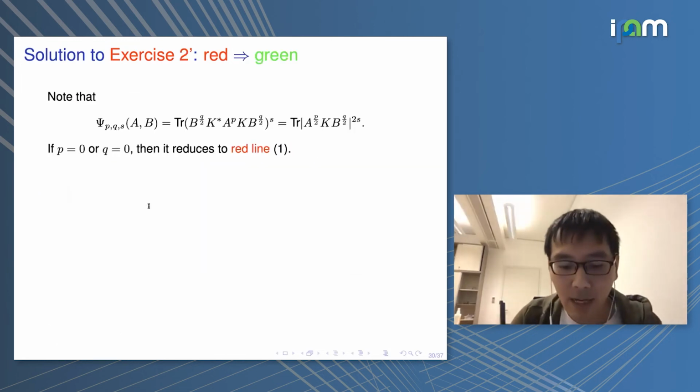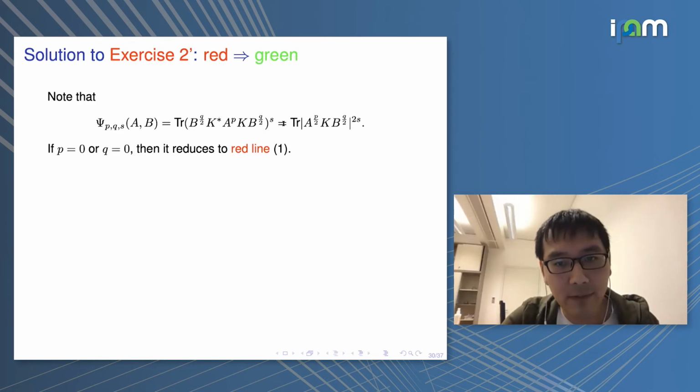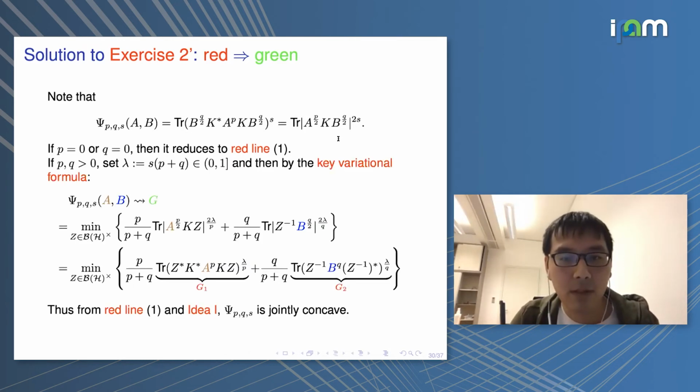Now let me explain how this reduction argument works. How can we reduce a problem of green region to the red line? So we want to prove that in the green region, the function psi PQS is jointly concave. Okay. If P equals 0 or Q equals 0, then it is just reduced to the problem of red line, which is known. If not, then we can apply our variational formula to write psi PQS as minimum of some functions which are simpler.